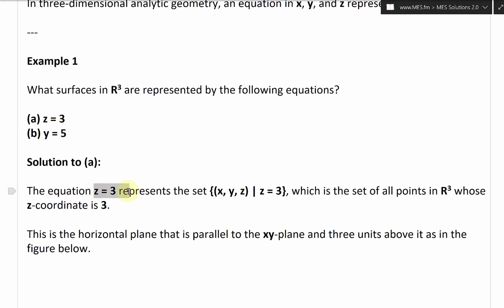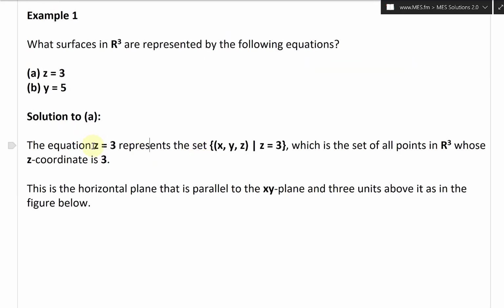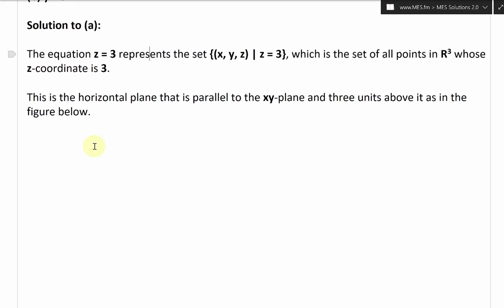The equation z equals 3 represents the set of all points (x, y, z) where z is equal to 3, which is the set of all points in R3 whose z coordinate is 3. And this is just a horizontal plane that is parallel to the xy plane and 3 units above it, as in the figure below. So the equation z equals 3 in 3 dimensions is where all the coordinates have a z value of 3.